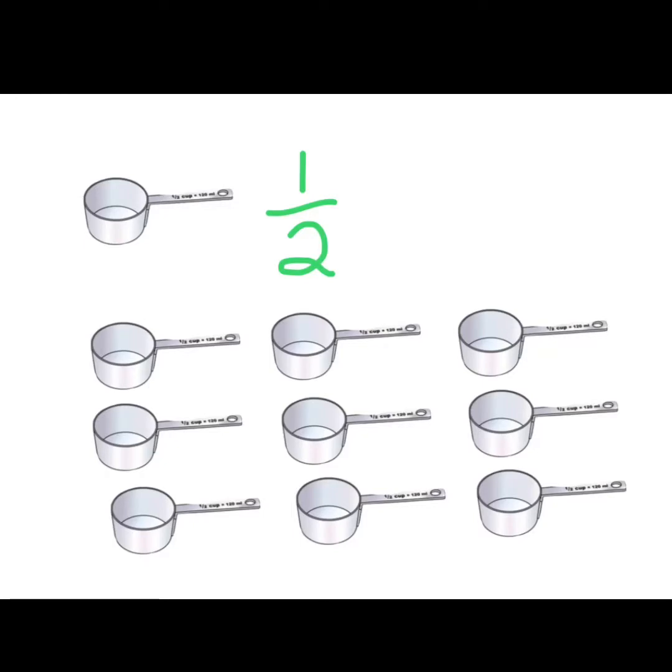For this one, we're going to start off with looking at half cups. So for this example, we're literally just going to count how many half cups are on the screen. So we have 1, 2, 3, 4, 5, 6, 7, 8, 9.